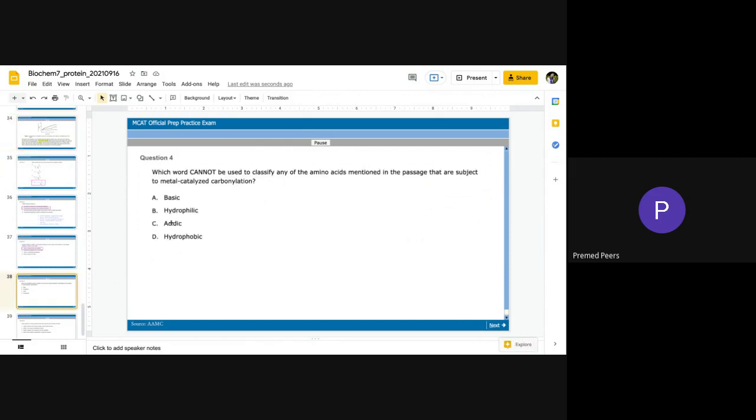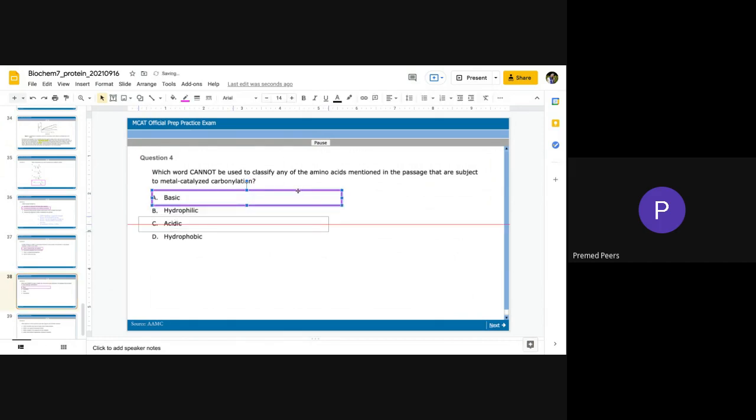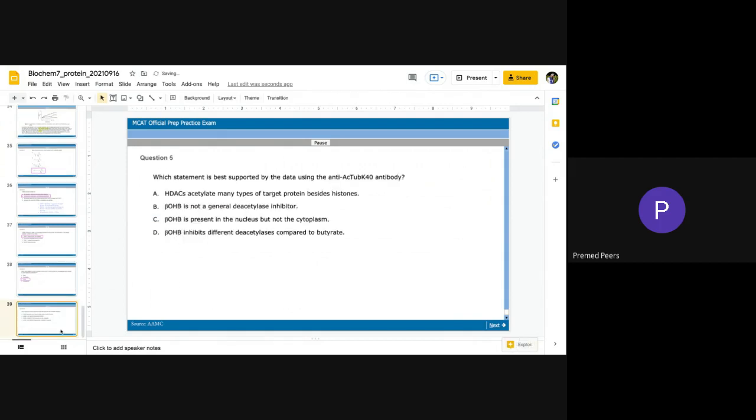So the only answer choice that will fit our criteria is acidic. Okay, so hydrophilic basically is polar, hydrophobic is nonpolar. Cool.